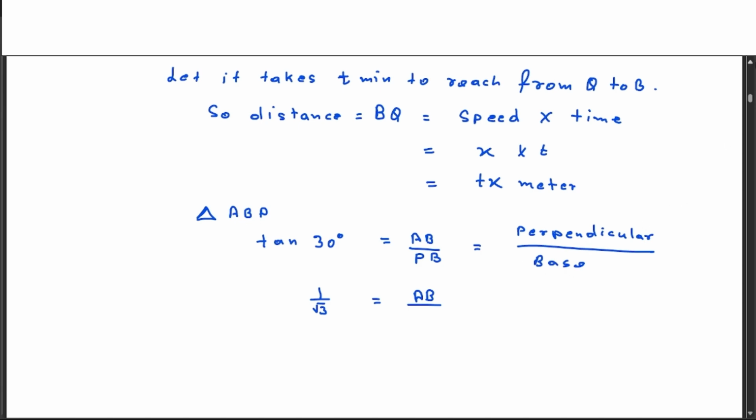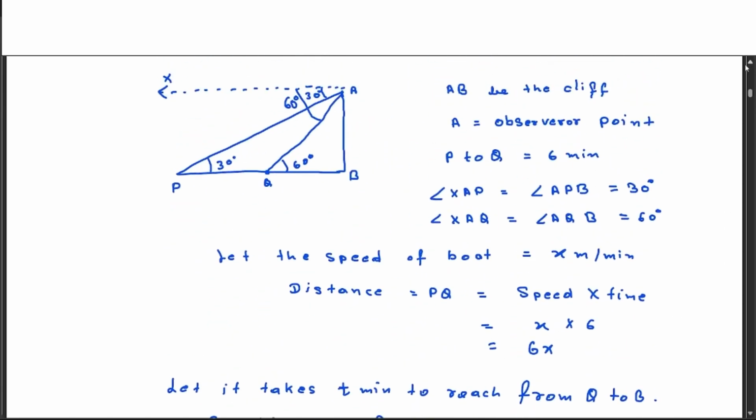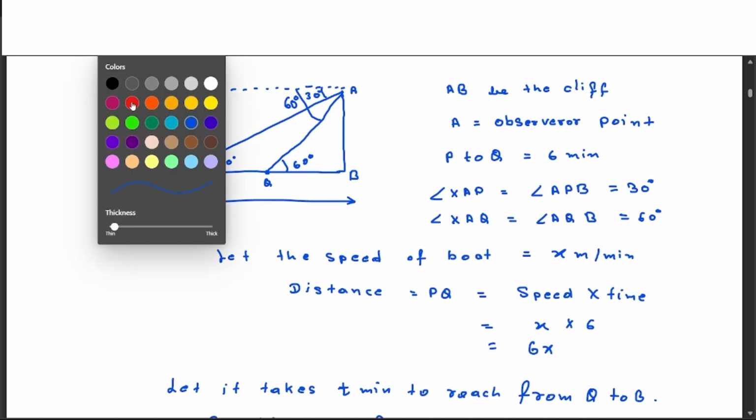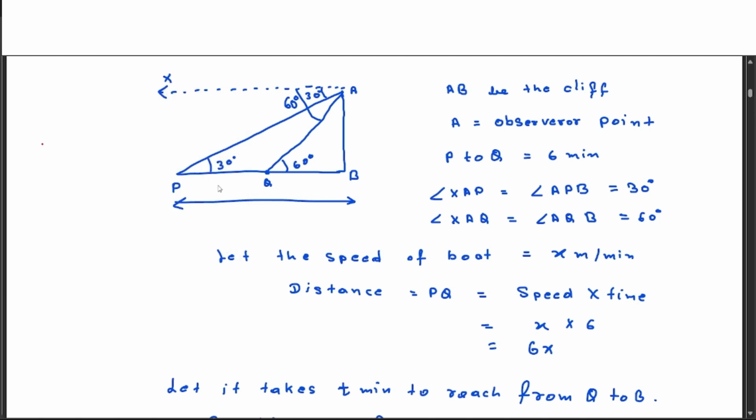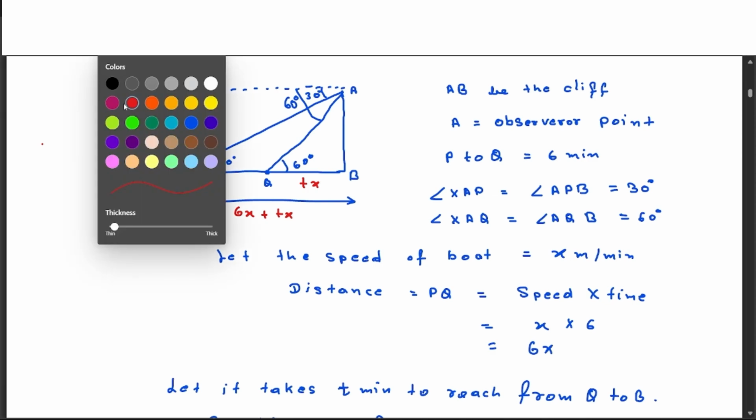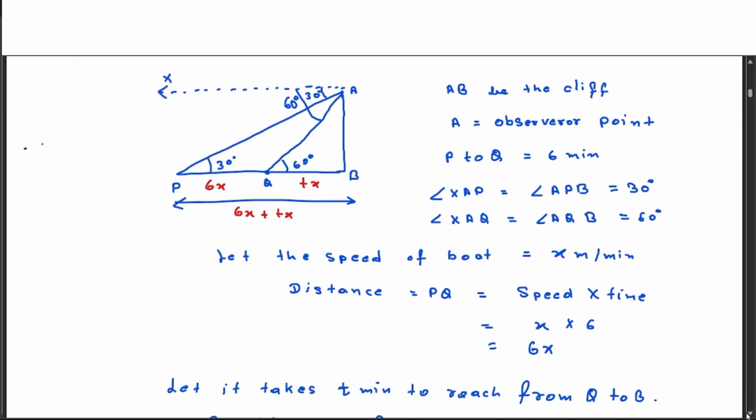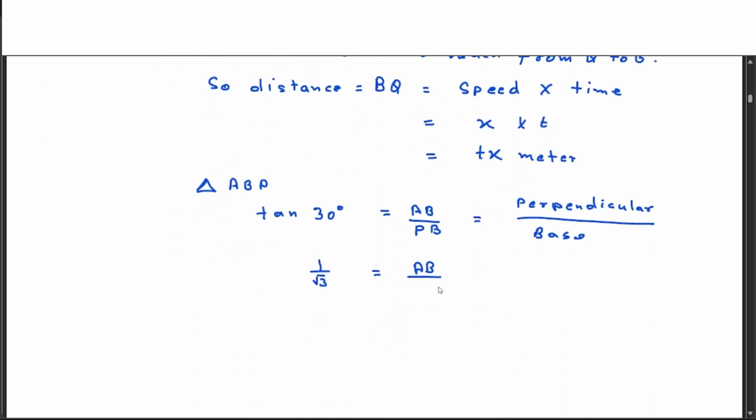And the base we know. If I have to find the base PB, from this point to this point, this one we got 6x and this one tx, so the total distance is 6x plus tx. So we can substitute the value: PB is equal to tx plus 6x.